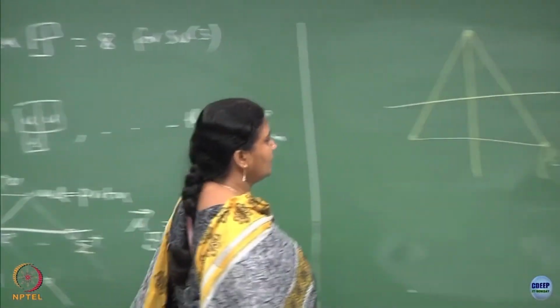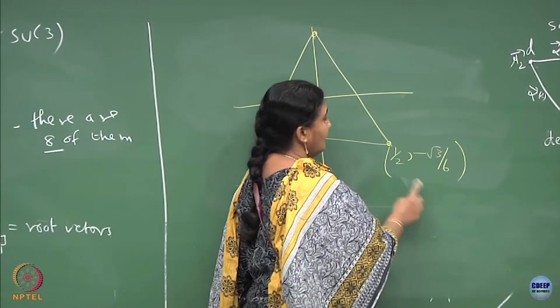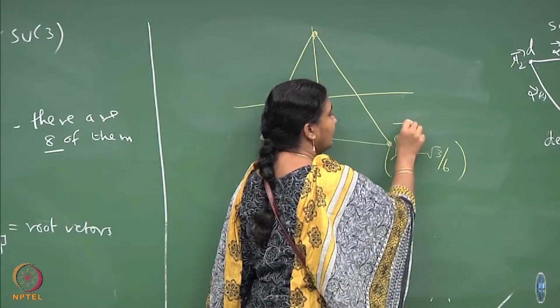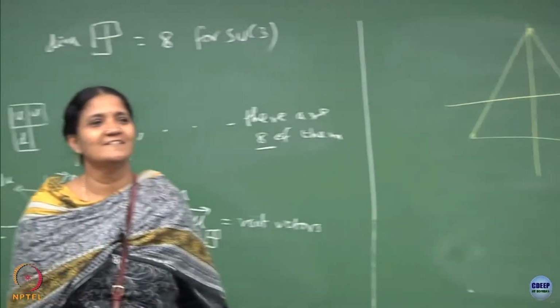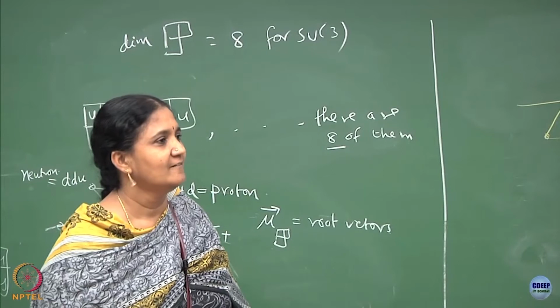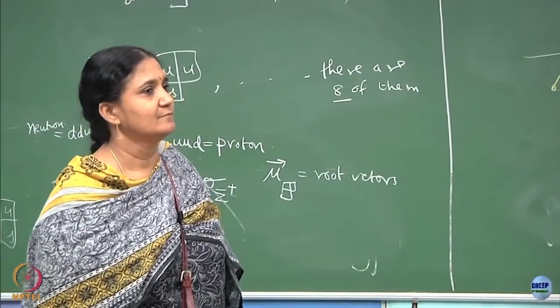and this will turn out to be your highest weight state, and sometimes people call this d bar. What does bar denote? It is the antiparticle, it is an anti-quark diagram. Okay.